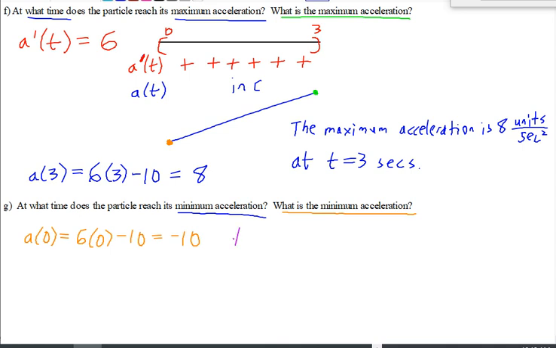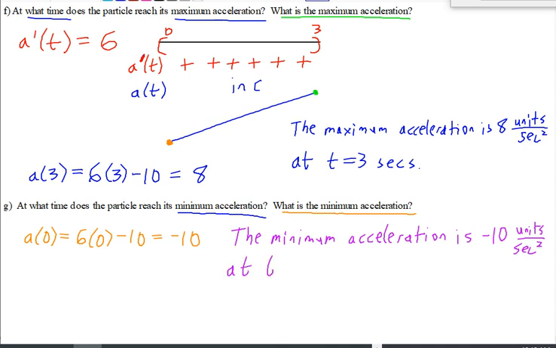So we know the minimum acceleration is negative 10 units per second squared. And that occurs at t equals 0 seconds.